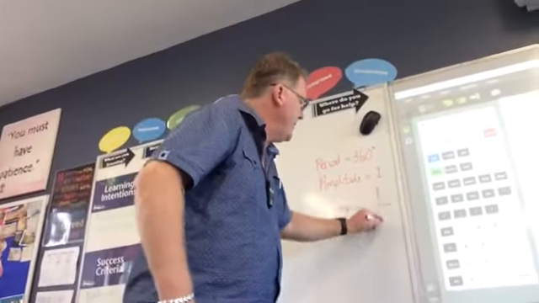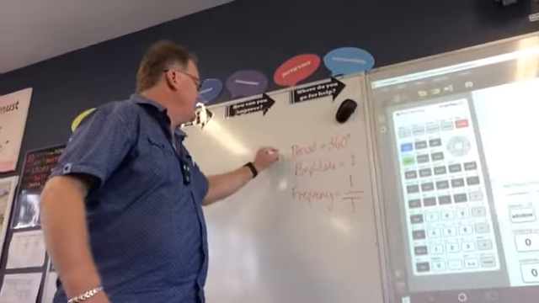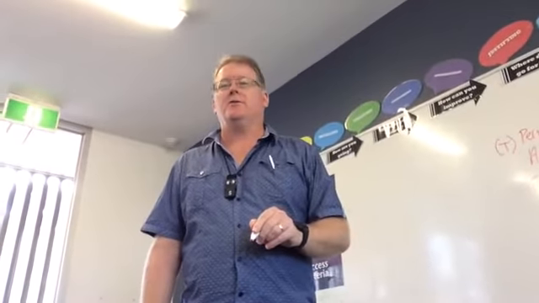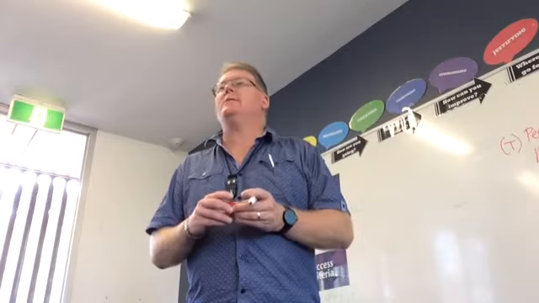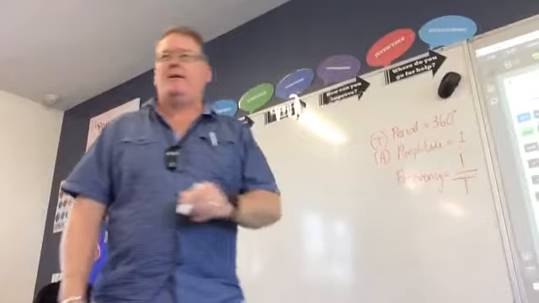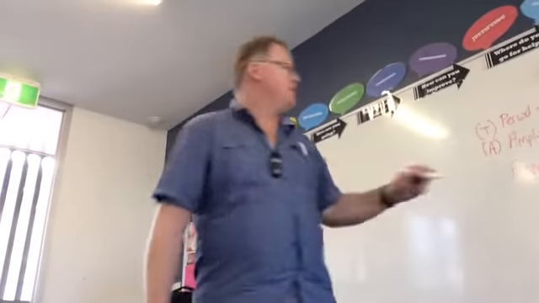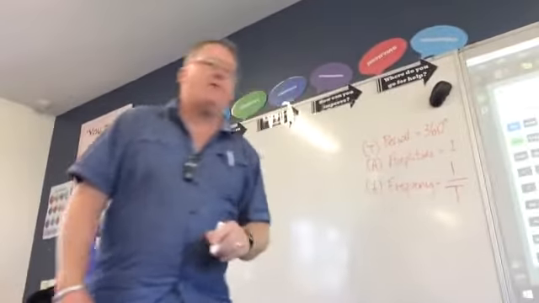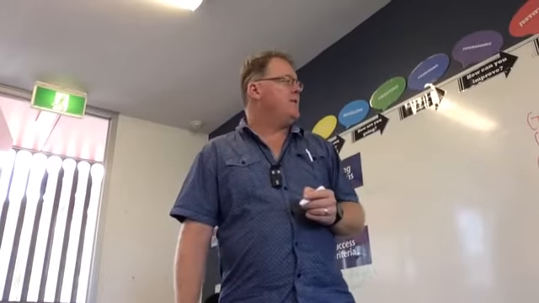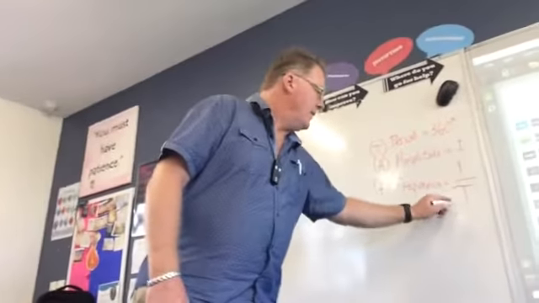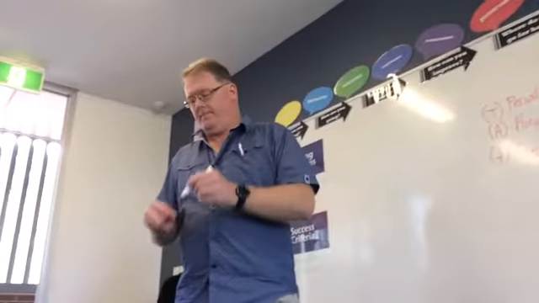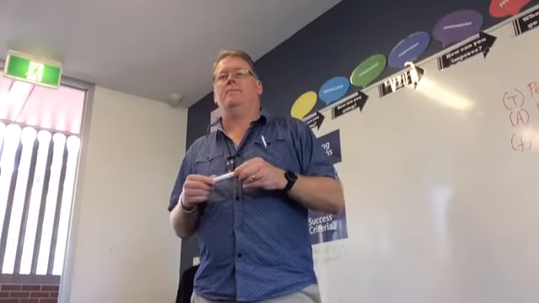Frequency is defined as follows. Period has the symbol capital T. Amplitude has the symbol capital A. Frequency has the symbol lowercase f. And the definition of frequency is 1 divided by the period, because they're related to each other.